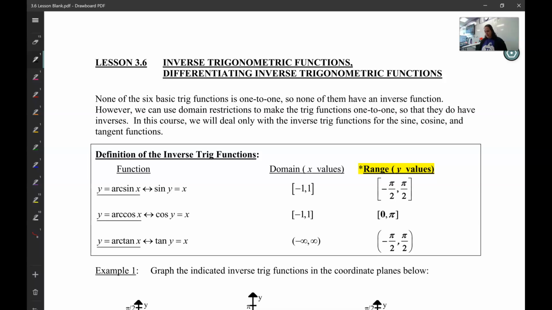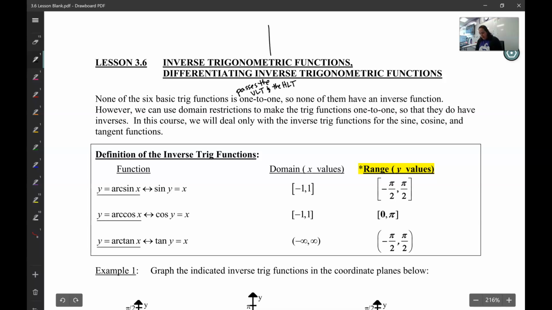None of the 6 basic trig functions is one-to-one. Just a reminder of what one-to-one means. One-to-one means it passes the vertical line test and the horizontal line test, both of them.